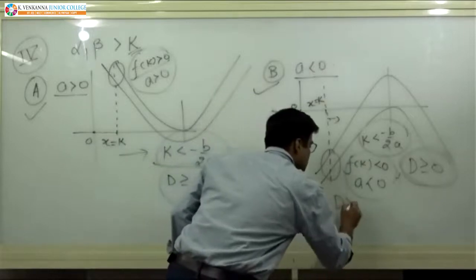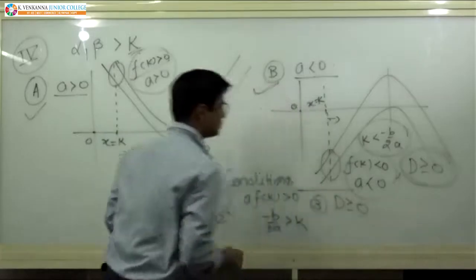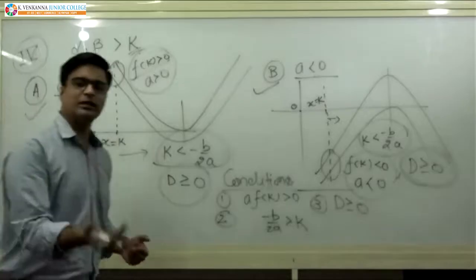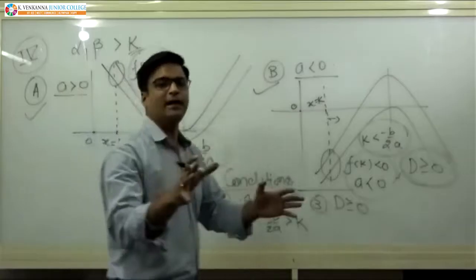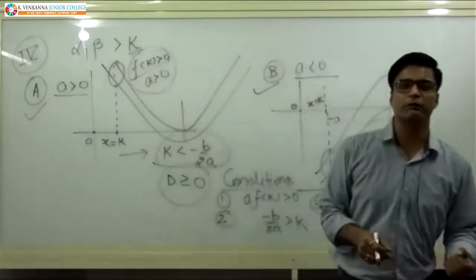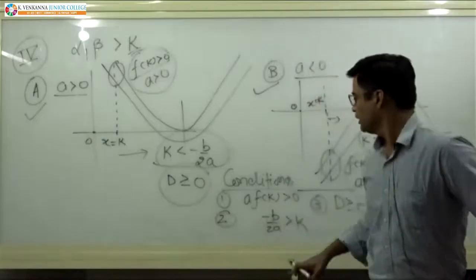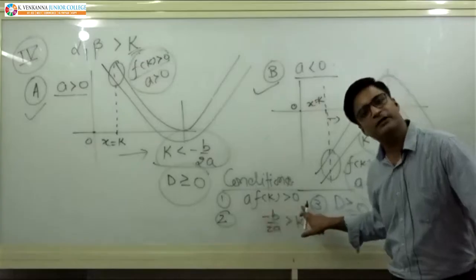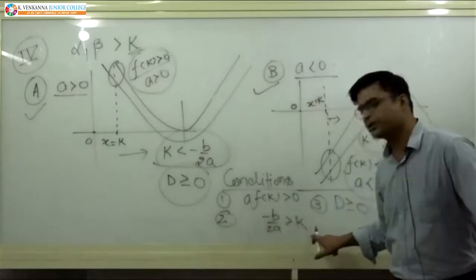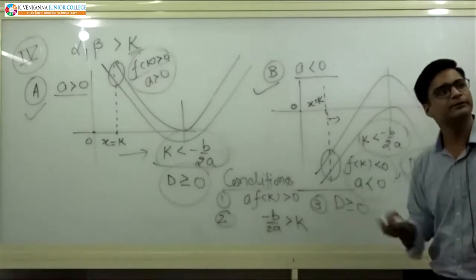So whenever a question comes and it says find the condition for which both the roots of a quadratic equation are greater than 5, then what do you need to do? a f of 5 is greater than 0, minus b by 2a is greater than 5, and discriminant greater than equal to 0. Is it clear?